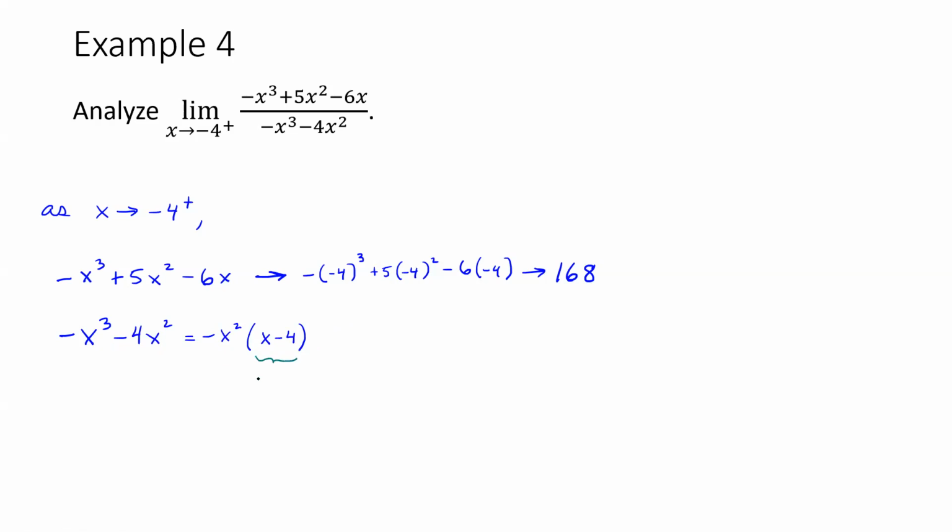As x approaches negative 4 from the right, the values of x are going to be slightly bigger than negative 4.